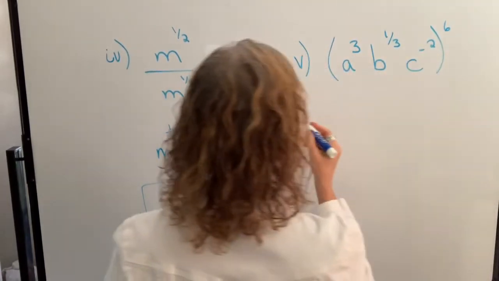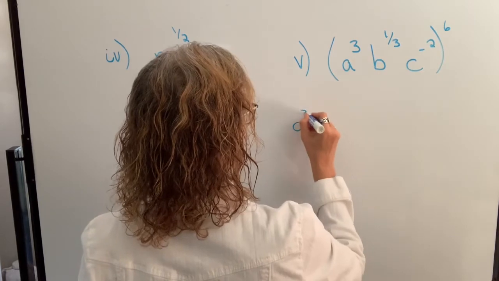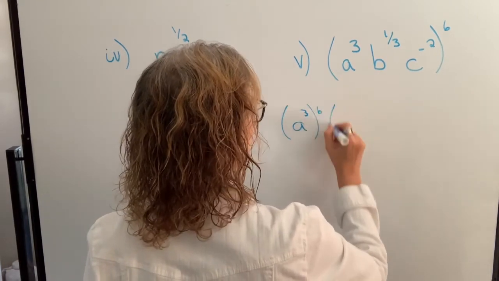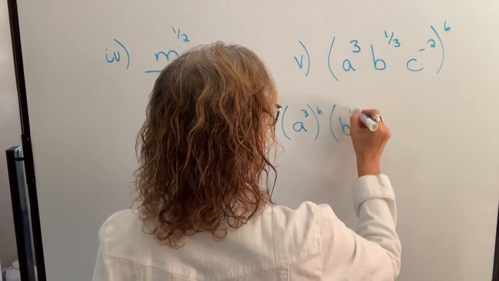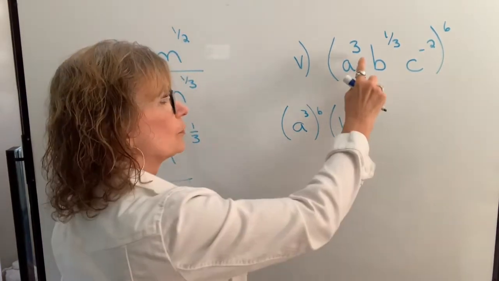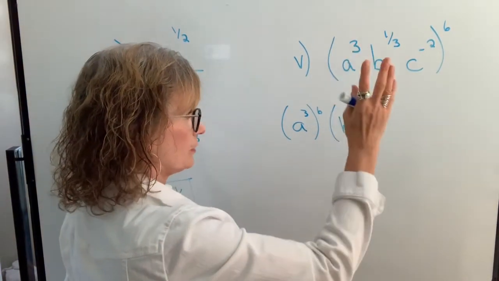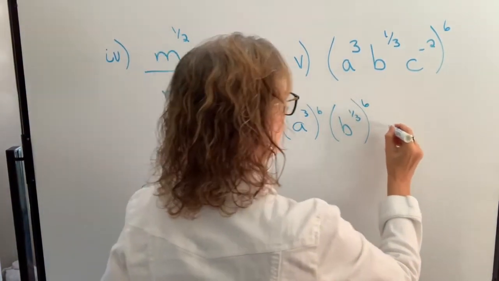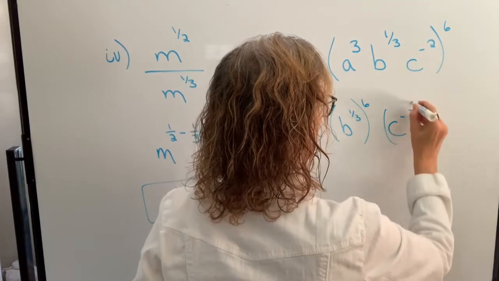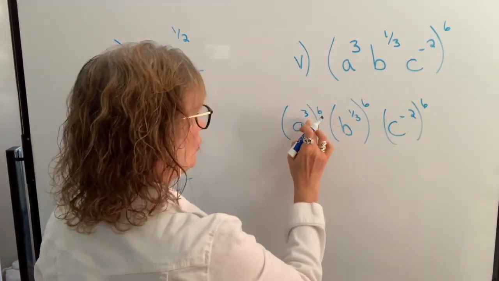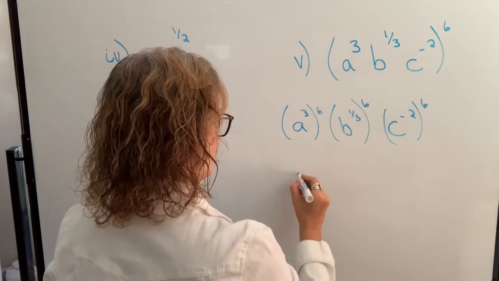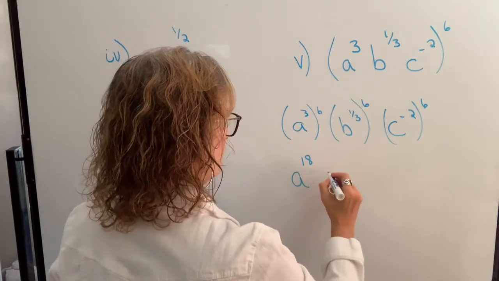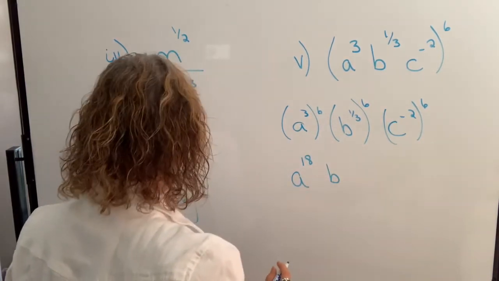So I'm going to apply that power of 6 to each factor. Keyword is factor. There's no addition or subtraction in here to make it a term, so I can do this. And we know that this means multiplication, so we have a to the 18th, b to the 1/3 times 6.